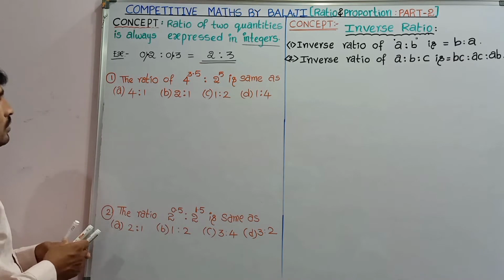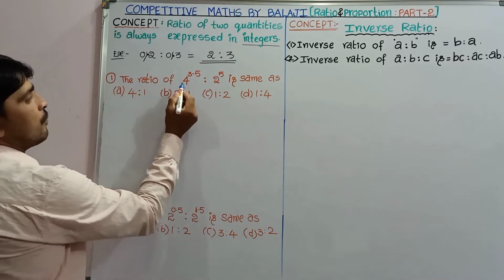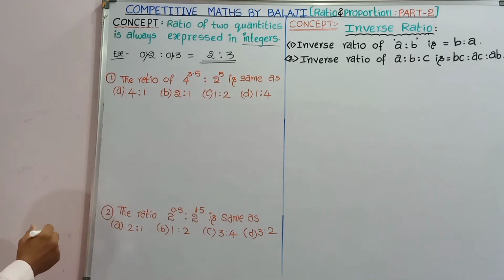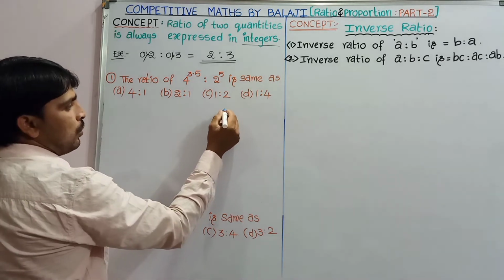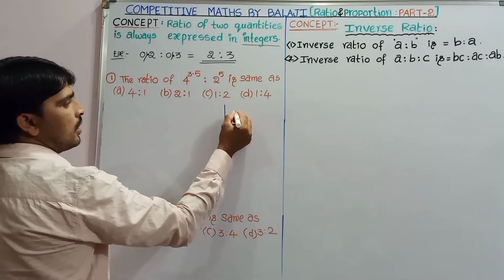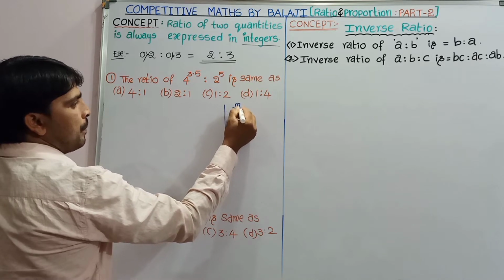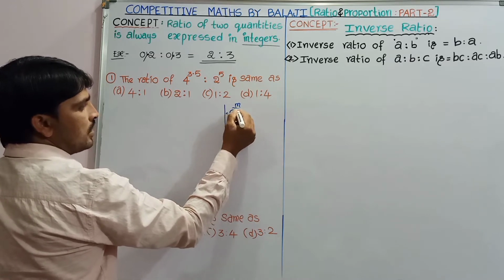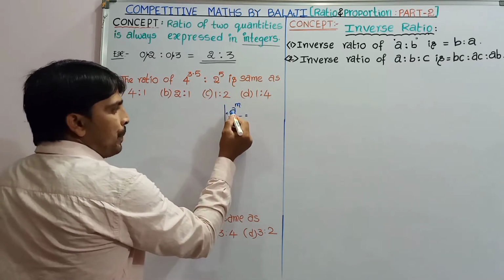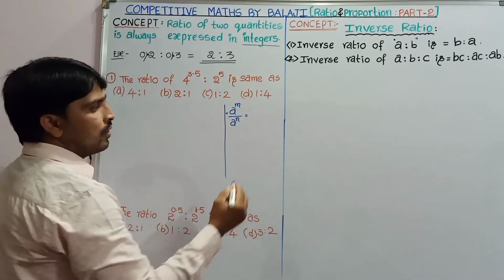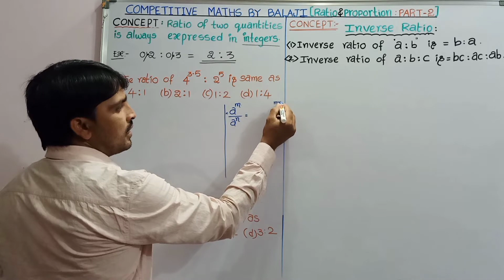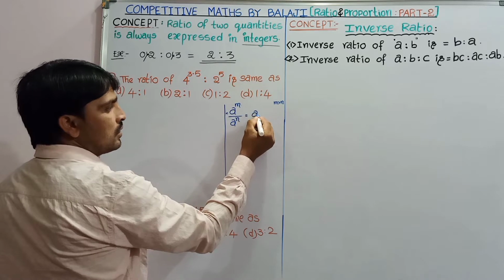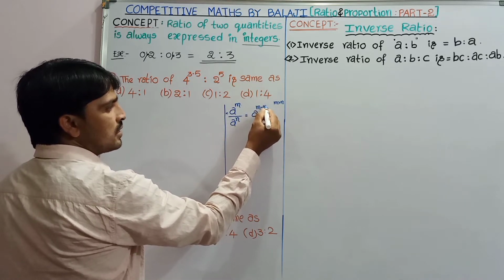The first question on this concept: the ratio of 4 power 3.5 is to 2 power 5 is the same as dash. To solve this problem, we need to know two formulas for a power m by a power n. This is called the base and this is the exponent. The bases are equal. If m is greater than n, then we can write a power m minus n.